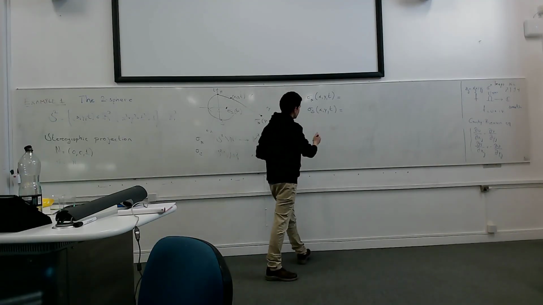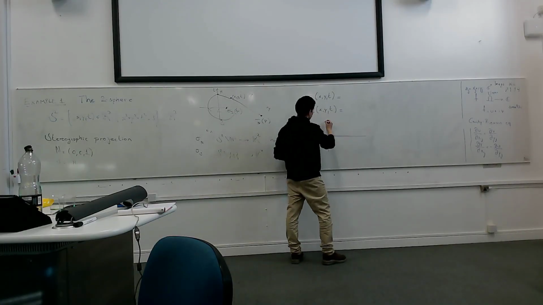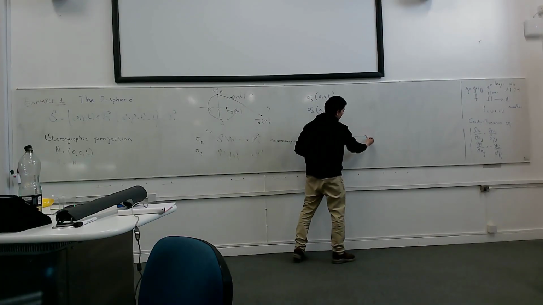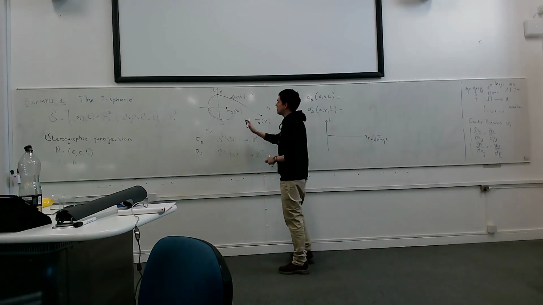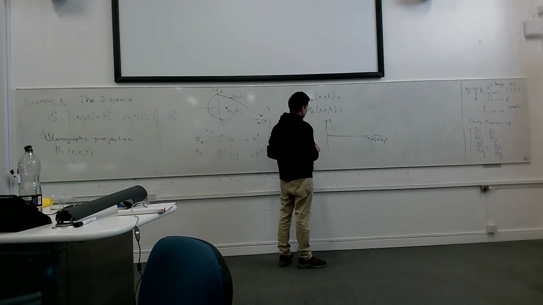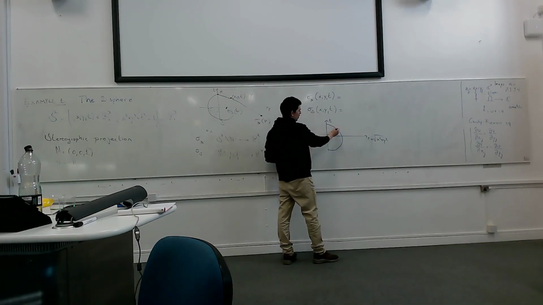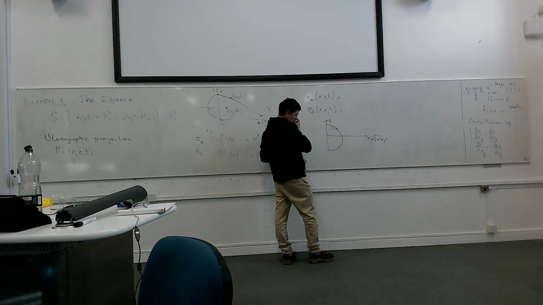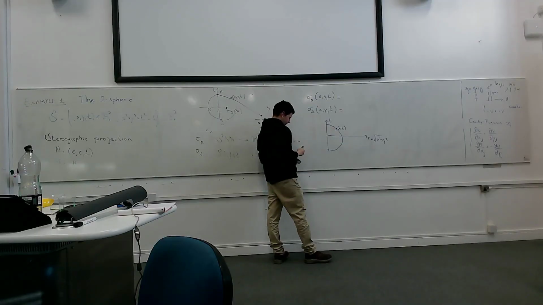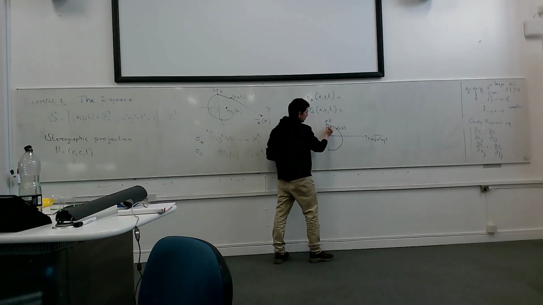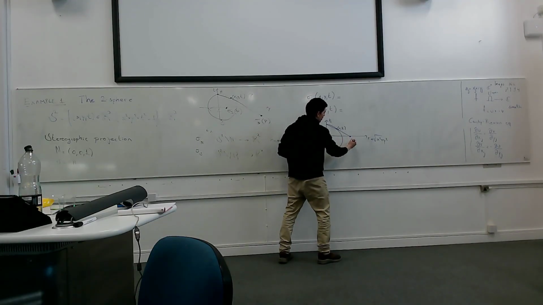So the key observation is like this. If this is t, and this is the radial variable, so this is the distance to the t-axis, then if you have a point, so this point has coordinates, let's say r and t, then the stereographic projection will have some other coordinates.